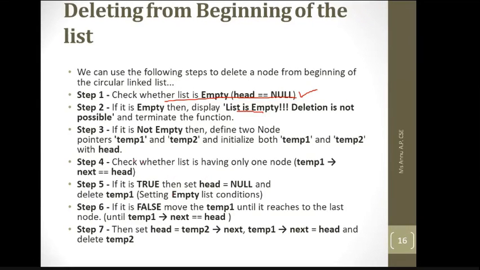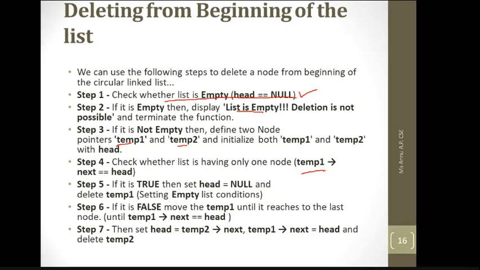Here we are performing a similar operation, maintaining the pointers with the help of 2 pointers, temp1 and temp2. You can perform the same kind of deletion by using an extra number of pointers. So here we are using 2 extra pointers, temp1 and temp2, to store some values such as head or next, and after checking that the list is not empty, you can proceed with assigning their pointer values.